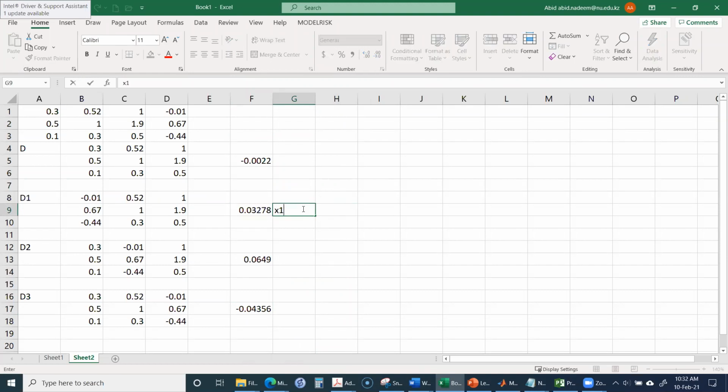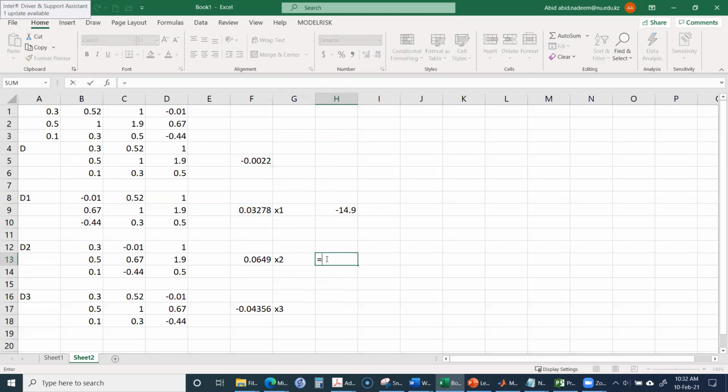Okay, so now what will be x1, x2, x3? X1 will be equal to this value divided by this value, which is minus 14.9.